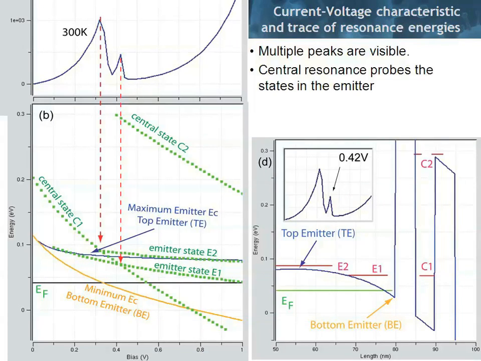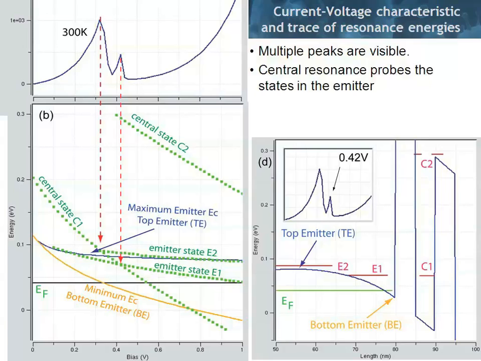Let me show you this again now with the current voltage characteristic that I've shown you before, but now with a rather complicated trace of resonances in energy and voltage space. So on the bottom left you see again energy versus voltage, and you see traced the relevant energies in this problem.